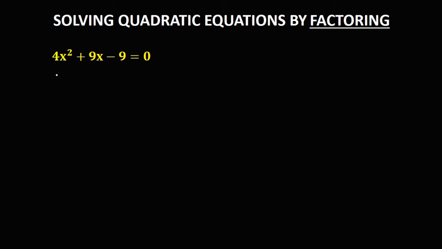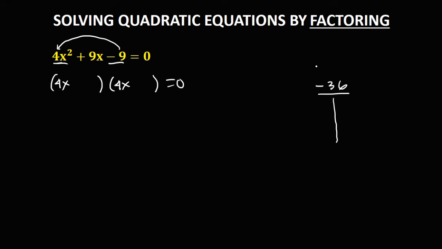Then for this given, to find the factors, we have this 4x, so put 4x in every factor. Then this negative 9 multiplies with 4, so 4 times negative 9 is negative 36. Since this one is negative, one of the factors is positive and one is negative.